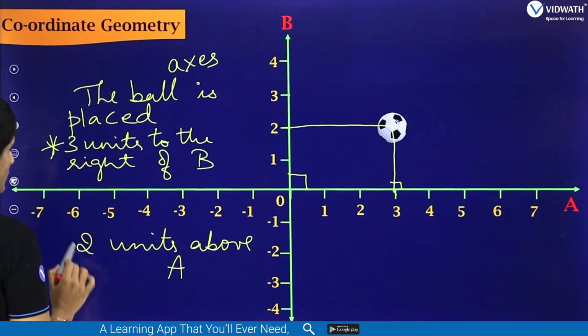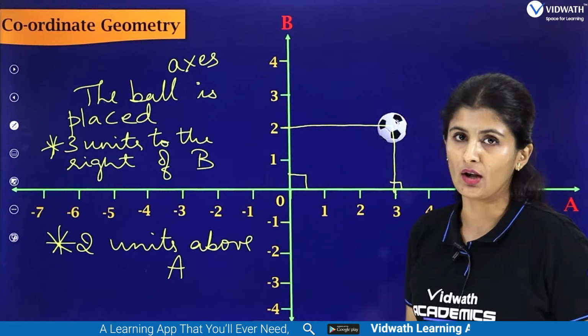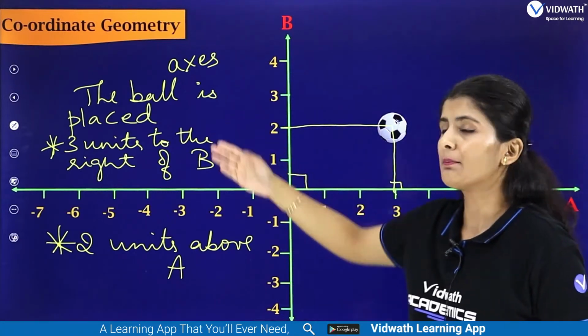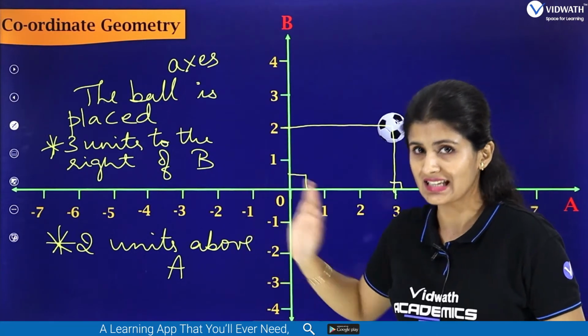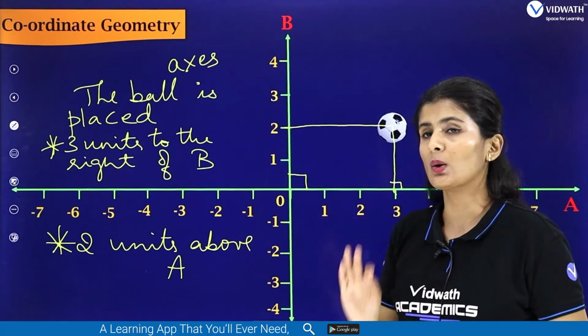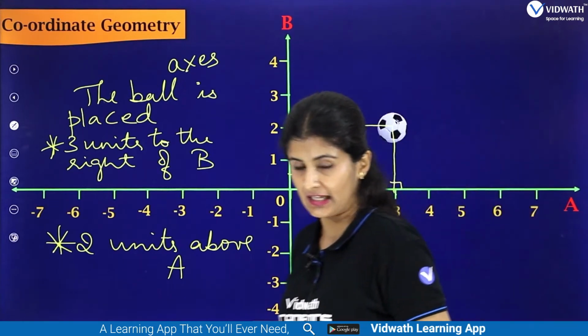Therefore, I am making use of 2 information here to locate the position of the ball. That is, I need a minimum of 2 of these points or 2 of these distances to exactly locate the position of this ball that is placed on the screen.